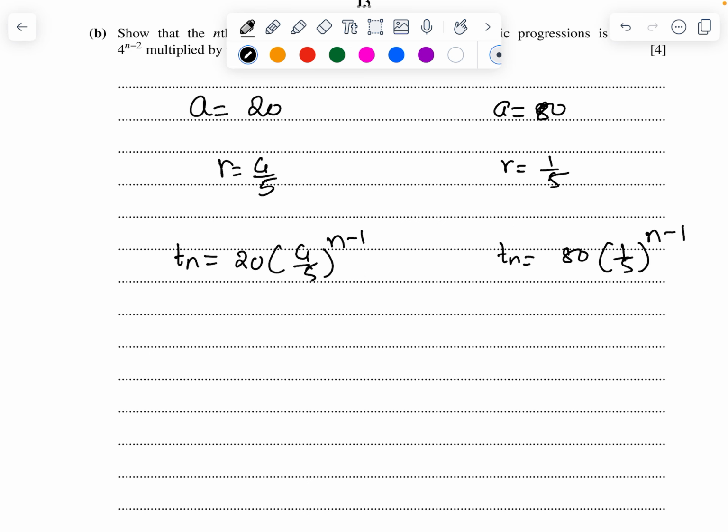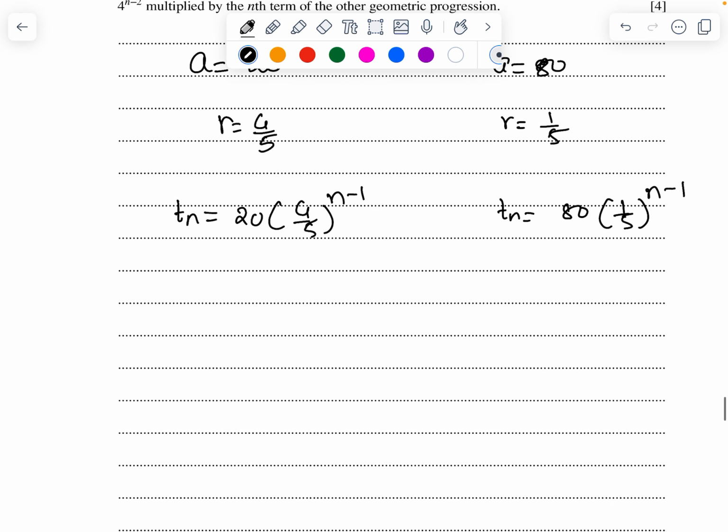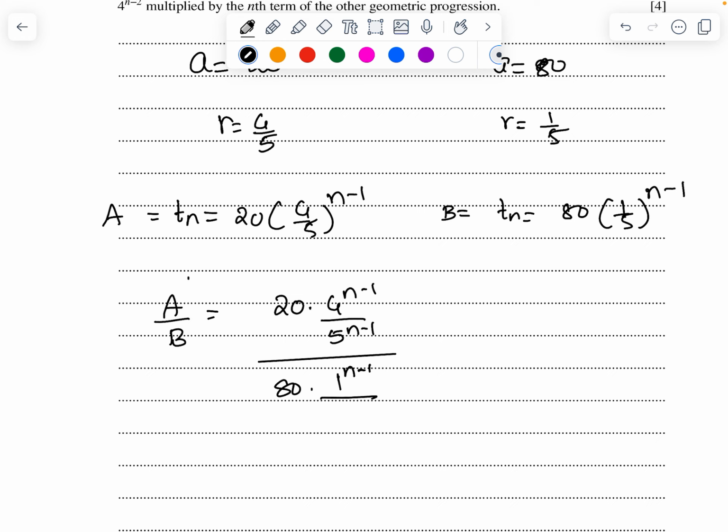Now divide both the nth terms. Let this be A and let this be B. So A divided by B equals 20 times 4 to the power of n minus 1 by 5 to the power of n minus 1, divided by 80 times 1 power n minus 1 divided by 5 power n minus 1.